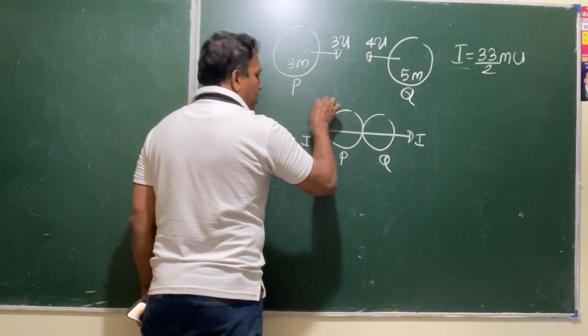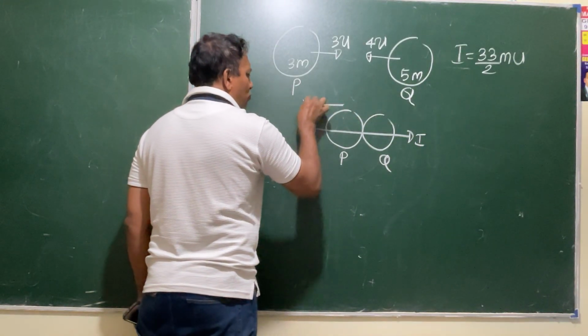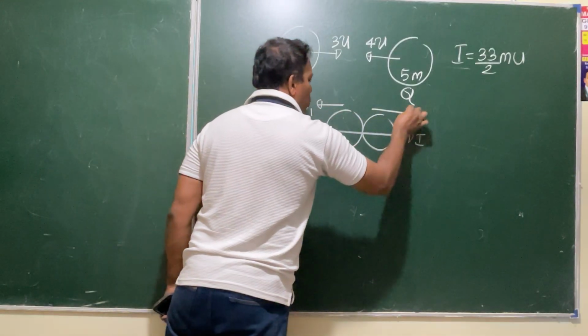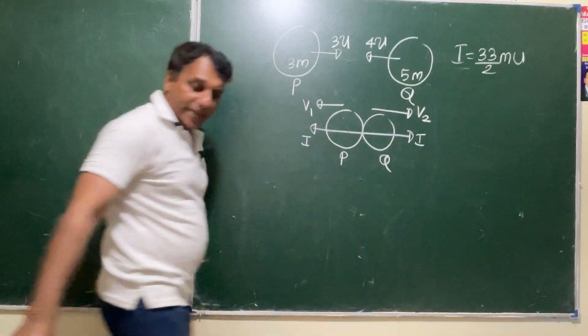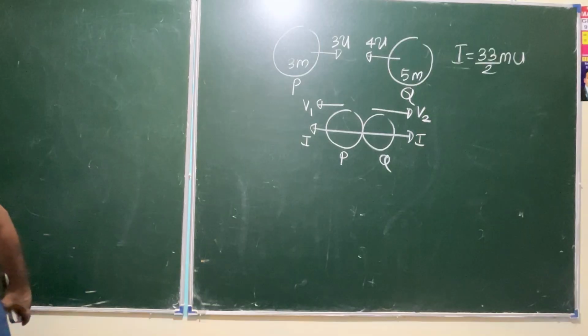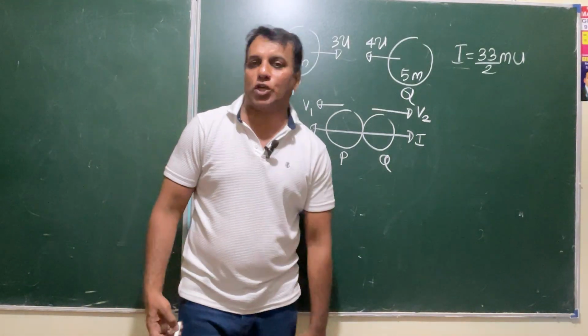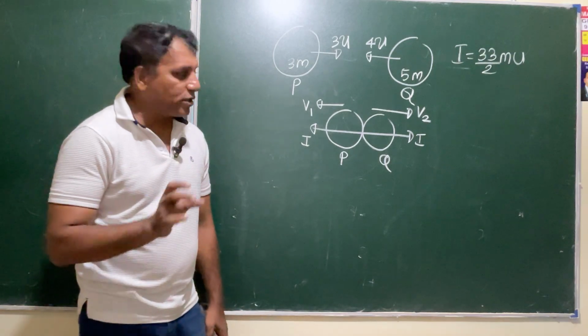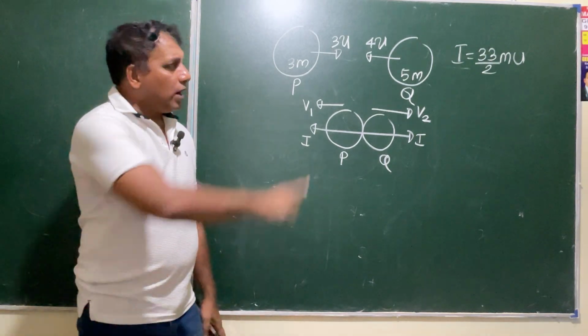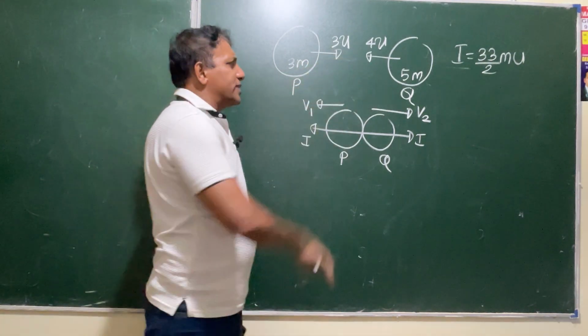So I mark here v1, here v2. The question is to find v1 and v2. Dear student, there is nothing about restitution here: the coefficient of restitution e is not available. Impulse and these velocities are given.